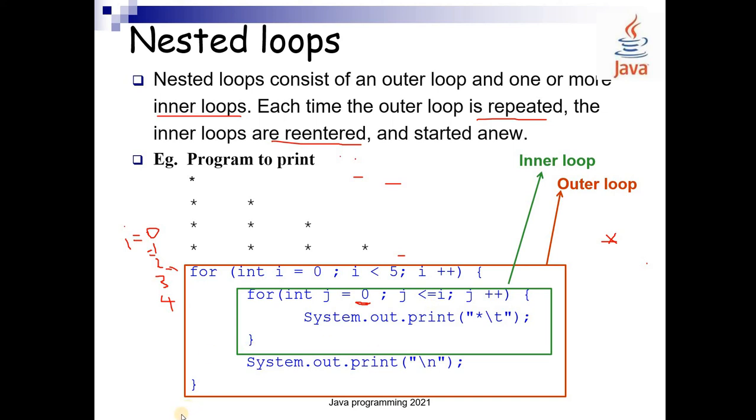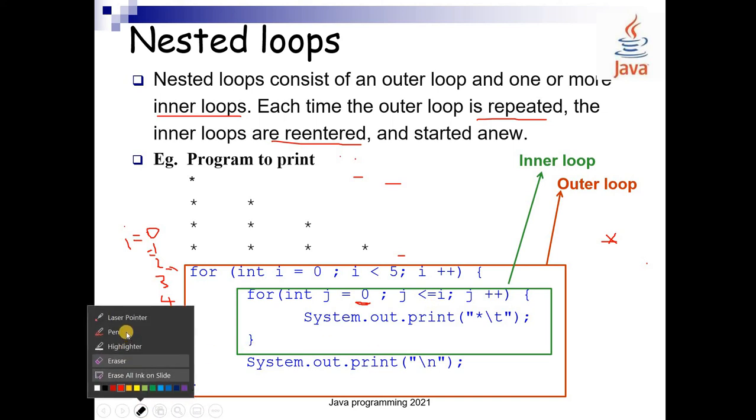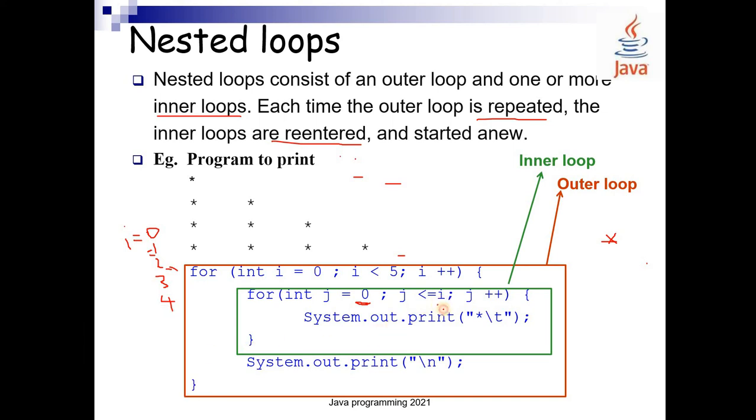What happens? You have 2 iterations, because one iteration is when j equals 0, another iteration is when j equals 1. That's why we have 2 asterisks here, because for every iteration we print those asterisks, as you can see from here.